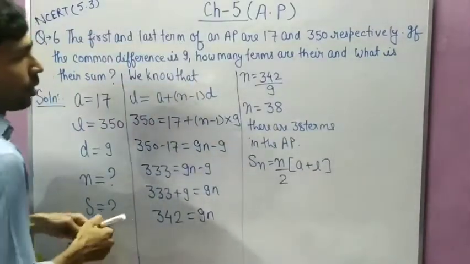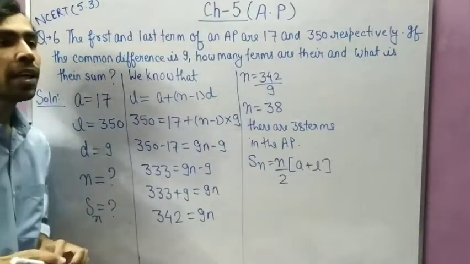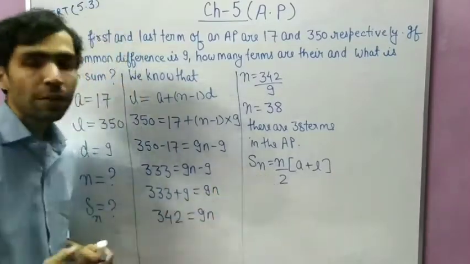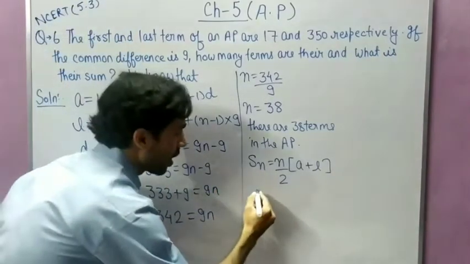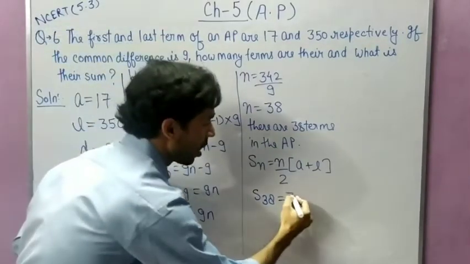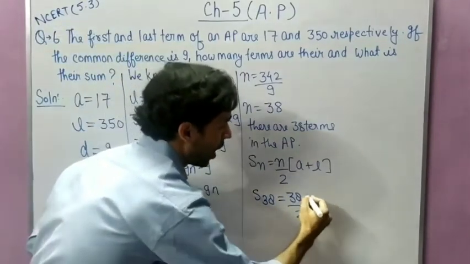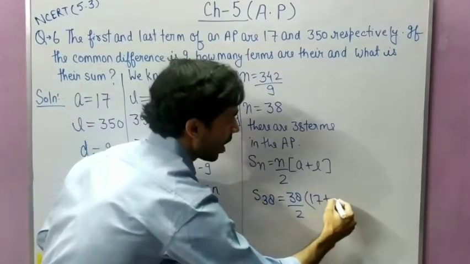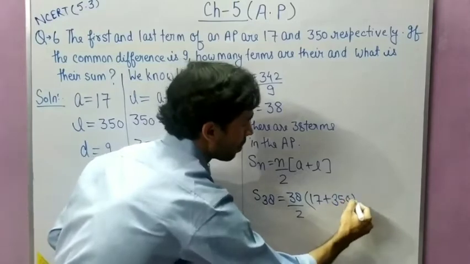Now put, because there are 38 terms, so we can find out the sum of 38 terms. So in place of n, what will we put? We will put 38 because 38 terms are there. And here 38 by 2, and in bracket A is 17 and L is 350.